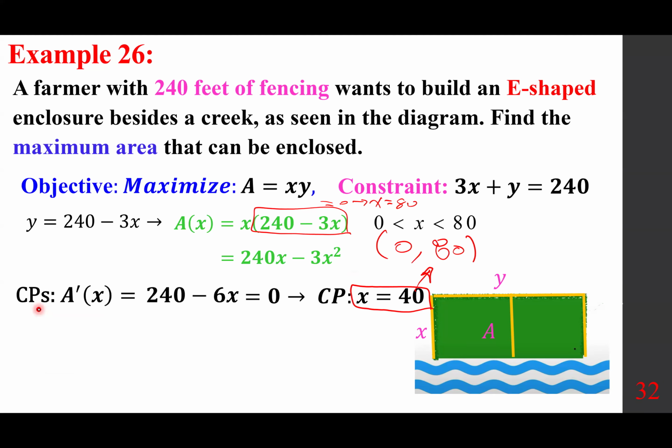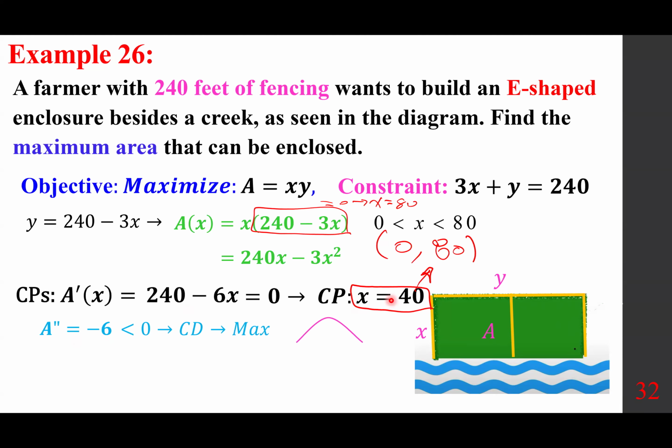Therefore, local becomes absolute. We're going to go with the first or second derivative test. We're going to go with the second because it's easier, simply a number. And as you know, you have to plug in 40 because it is independent. It makes no difference. It's always negative, means concave down, means maximum.